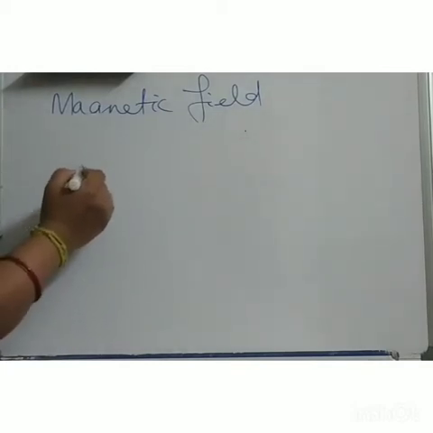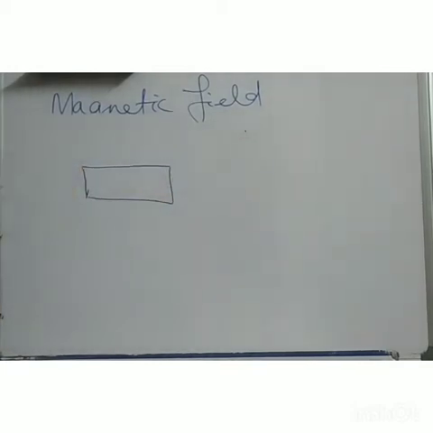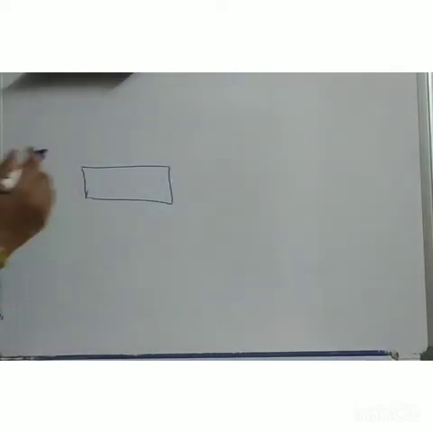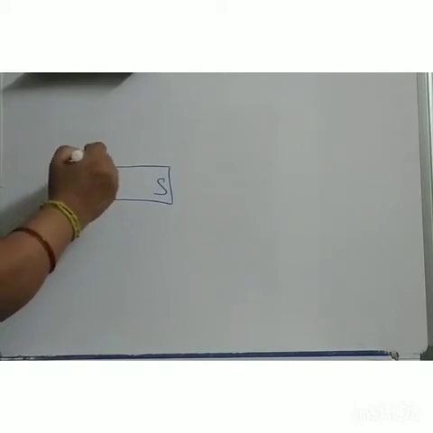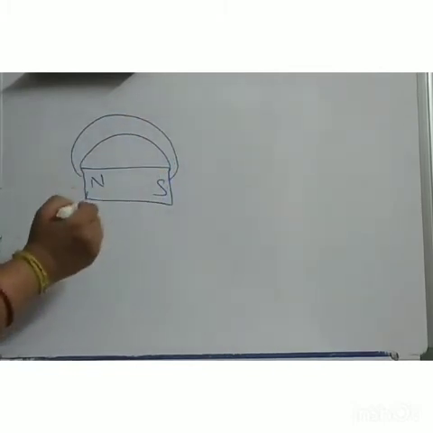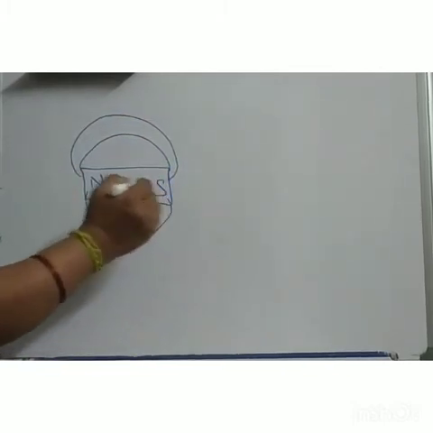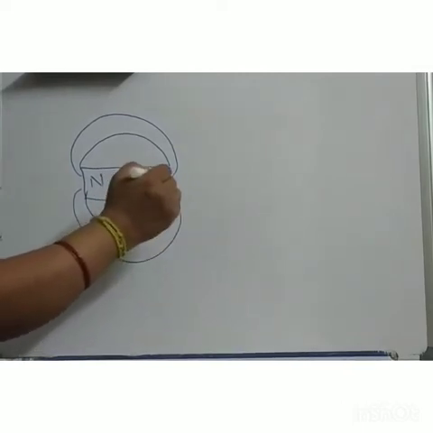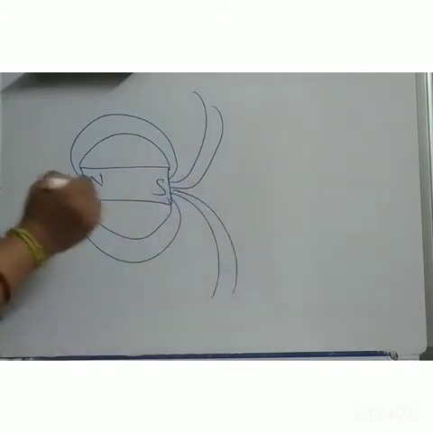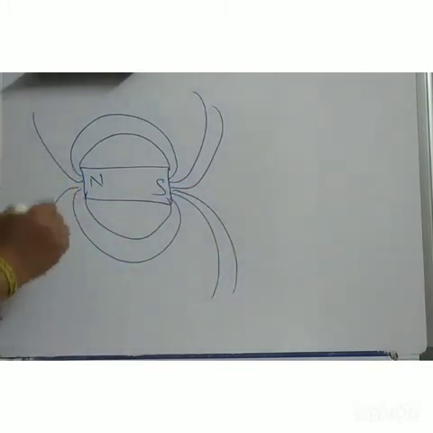So this is your magnet, and this is the magnetic field we have discussed. This is your north pole and south pole. If you observe those patterns, you will see they are arranged like this, like this, and like this.